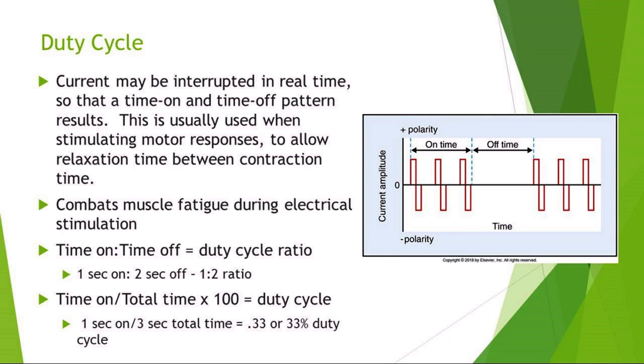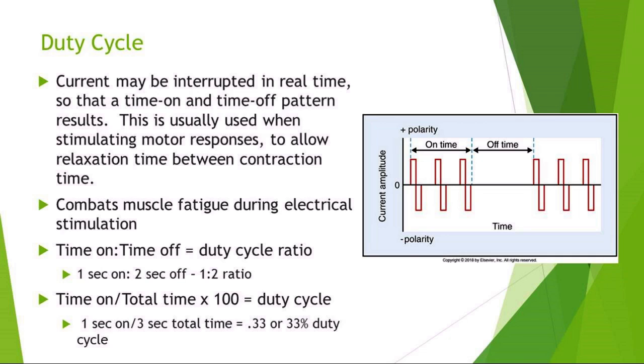So the duty cycle, that's that on time, off time. So when you have off time, the current is interrupted in real time. So you can feel on and off time. You cannot necessarily feel the pulse duration, or the pulse frequency, unless it's a really low frequency. If something's going at 50 cycles per second, you might not be able to feel each distinct one.